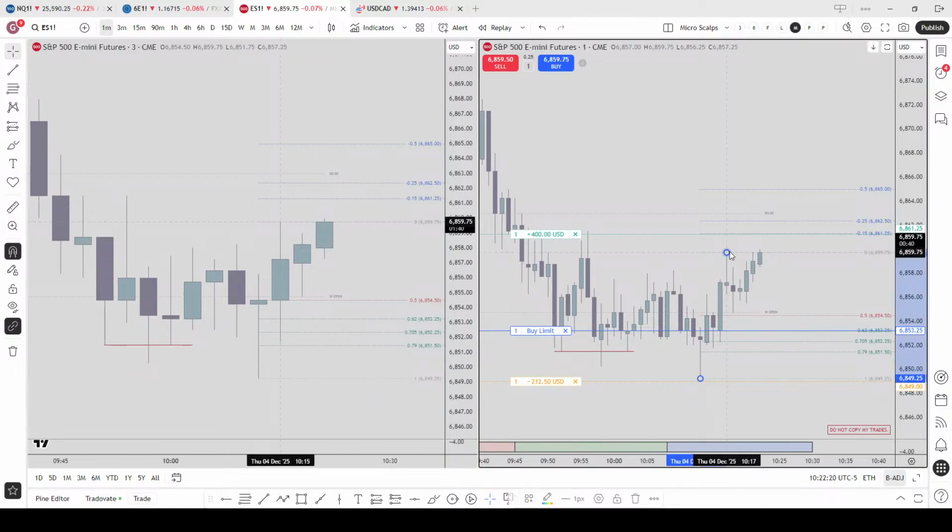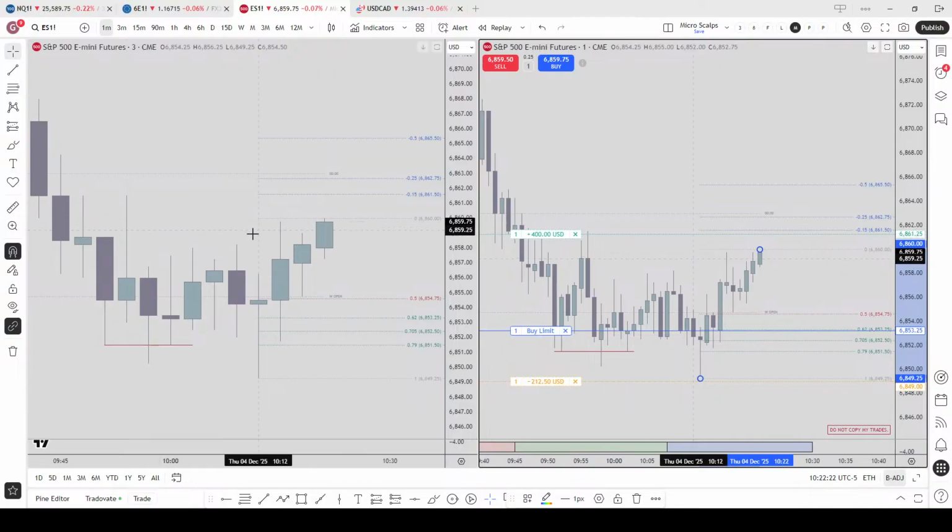Okay, we tag this high, but as long as this high is not tagged, I'm interested in longs.